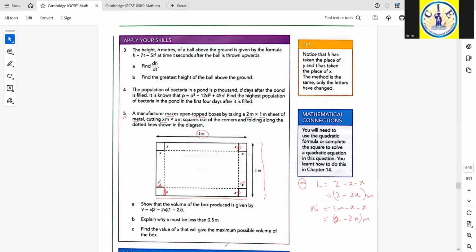And for the height, this is going to serve as the height when this is folded upwards, so height is x meters. So now for the volume, length times width times height. Length is 2 minus 2x times width 1 minus 2x times height x. So that is the volume as given.